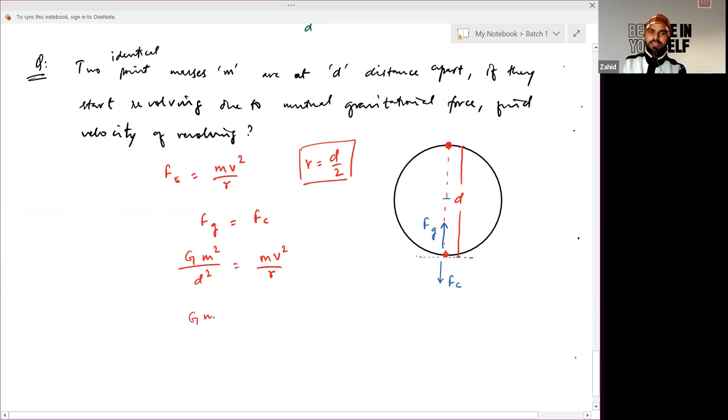So it will be GM square by d square equals mv square by d by 2. This m and this m will cancel out. This d and this d will cancel out. So you will get v equals root under GM by 2d.